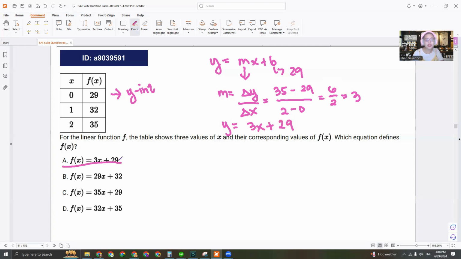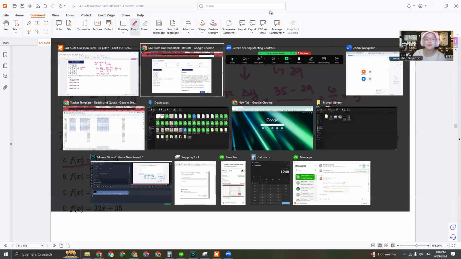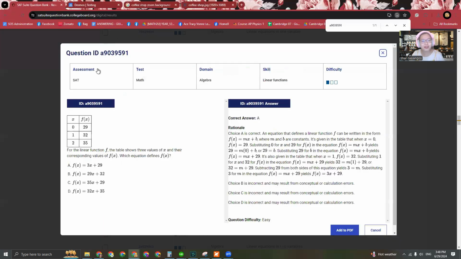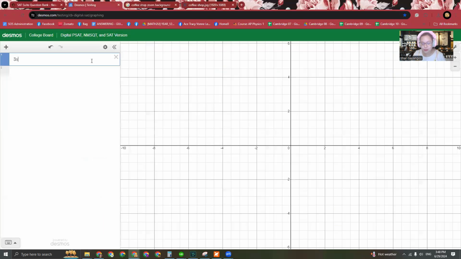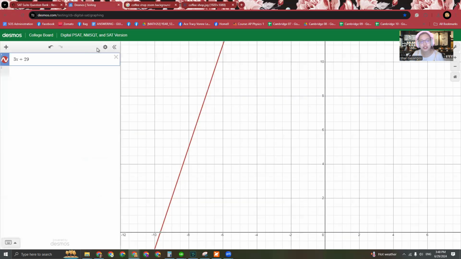And how do you check this using Desmos? You might be doubting yourself, or maybe just want to ease that anxiety that sometimes you feel during exams. Don't worry. Thank goodness we have Desmos for that. All you have to do is plug in the equation 3x plus 29.